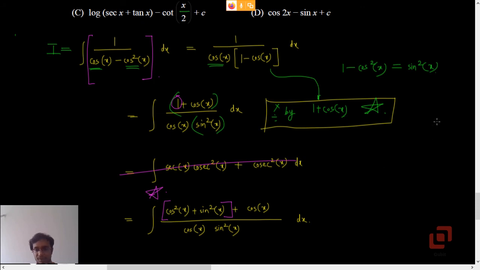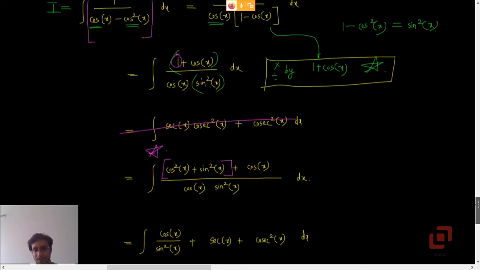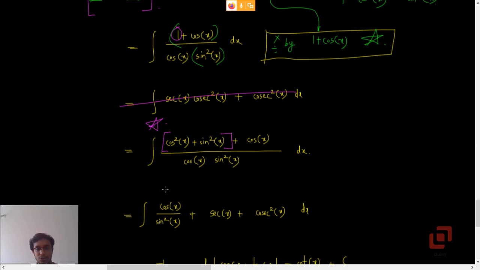Okay, so after this we have to split the numerator. Okay, it will be getting split into 3 terms. First one is cos squared x upon cos x into sin squared x, okay, which is cos upon sin squared. One of the cos terms will get cancelled.